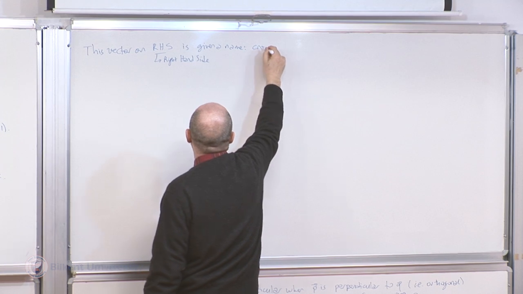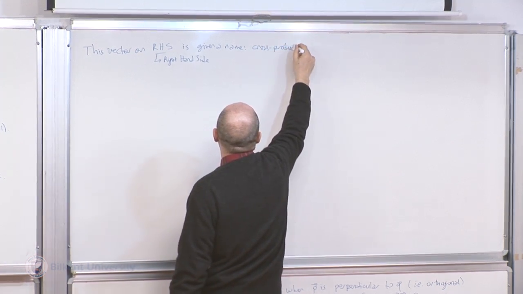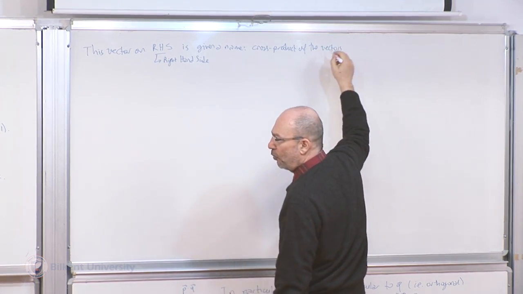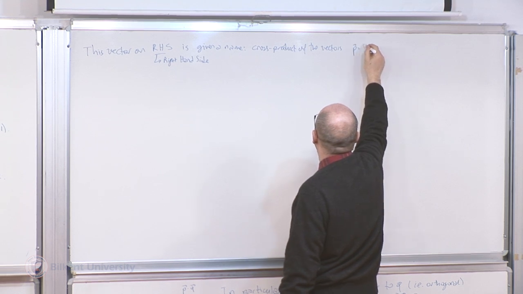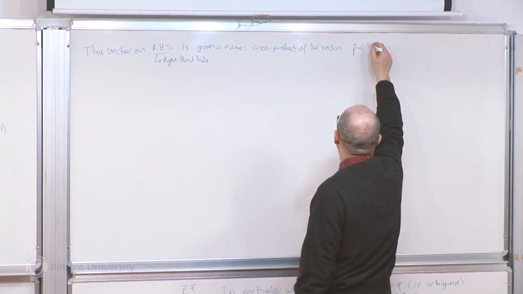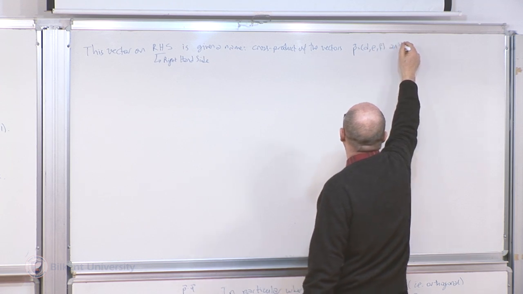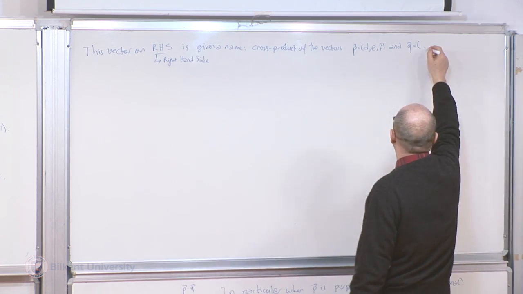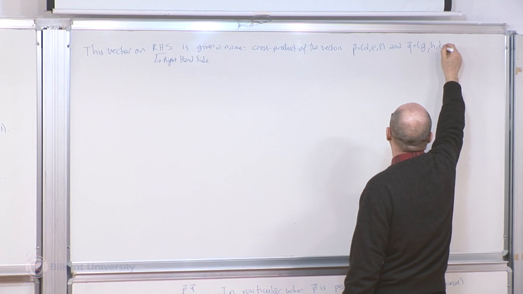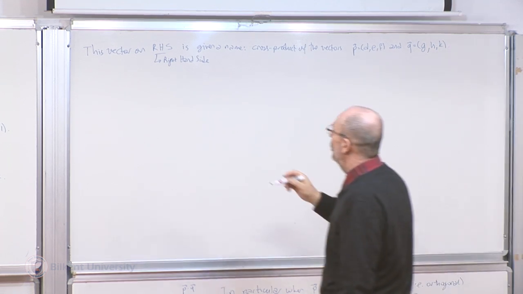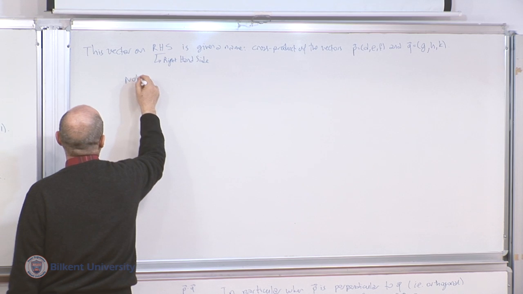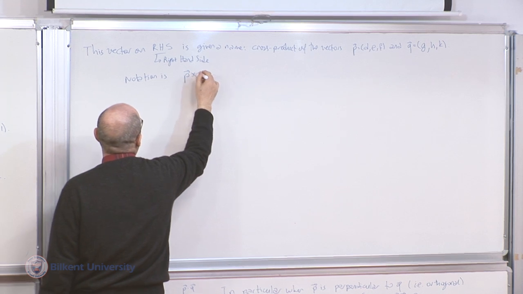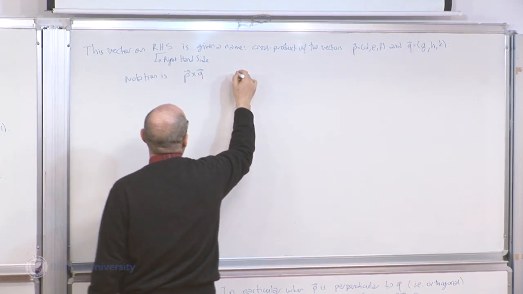It is the cross product of the vectors, let's call them P, which is D, E, F, and Q, which is G, H, K. The notation is P cross Q.